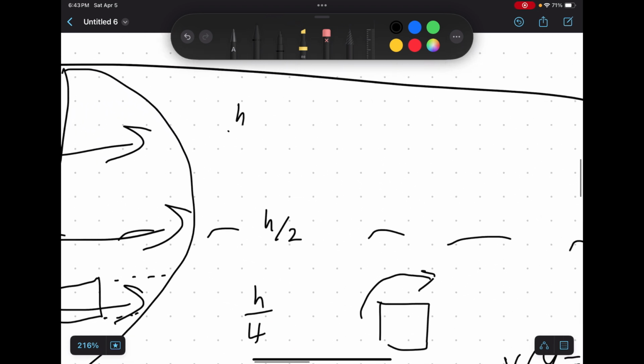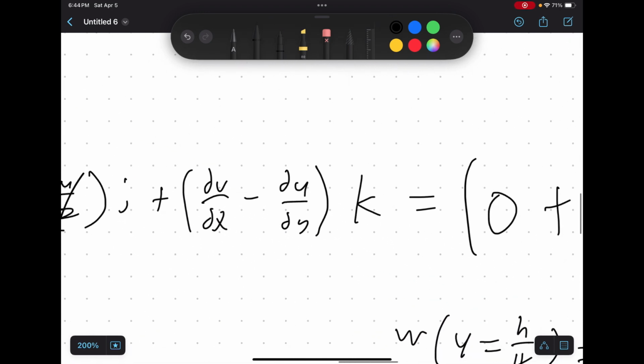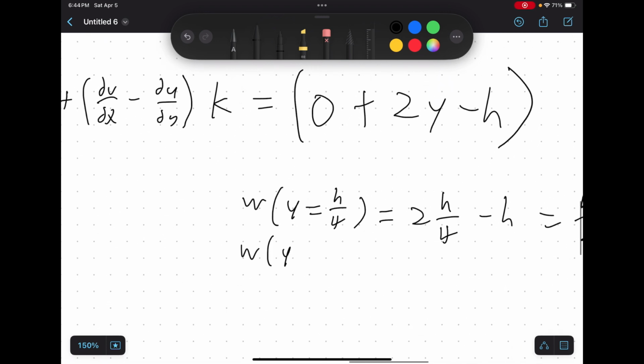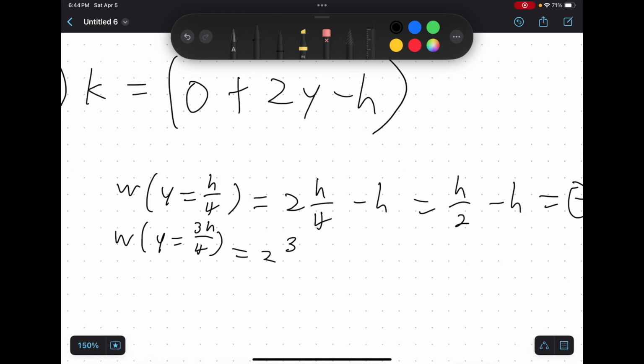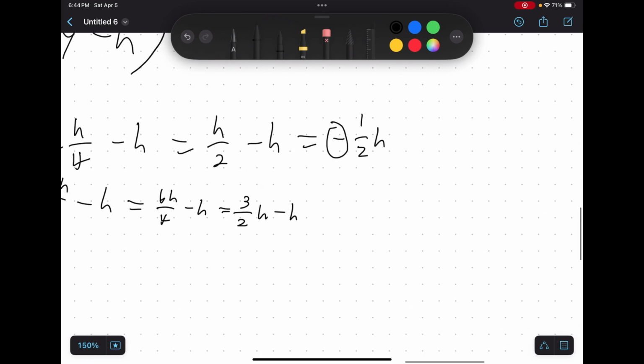Likewise, if we say 3h over 4, so it's above h over 2, but it's below h, we will get 2, 3h over 4 minus h, which equals 6h over 4 minus h, which equals 3 over 2h minus h, equals positive 1/2 h.